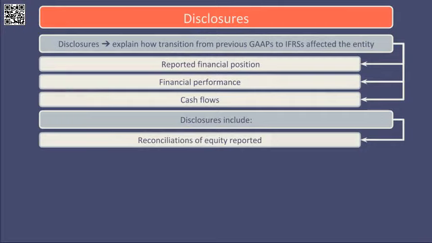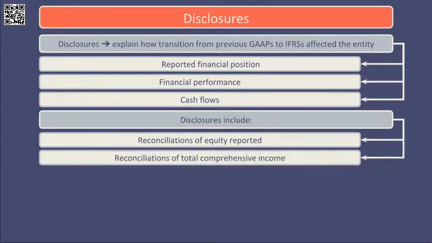So back to our example of ABC. They are adopting IFRS for the first time in its 31 December 20x7 financial statements. So the reconciliations would be as of 1 January 20x5 and 31st of December 20x6.